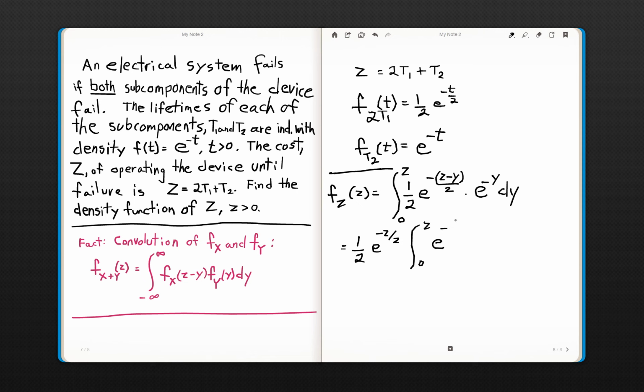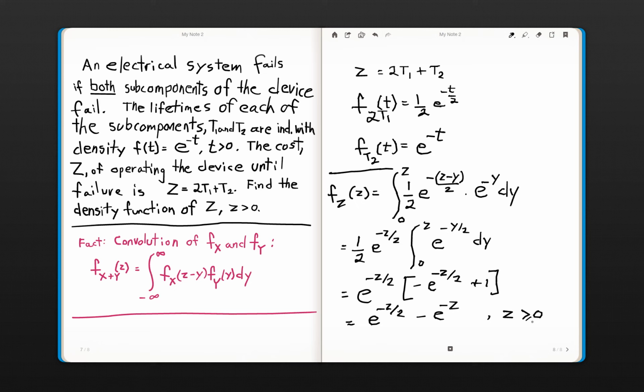The final answer is equal to e to the negative z over 2 minus e to the negative z. That's our actual density. Just to be complete, z has to be greater than or equal to 0. And that's our density of the cost to operate this device until failure.